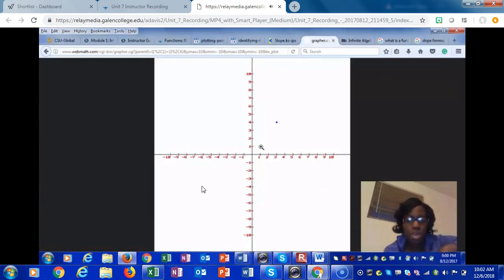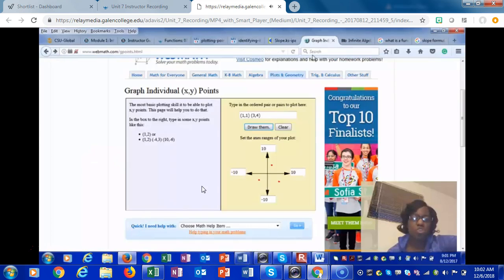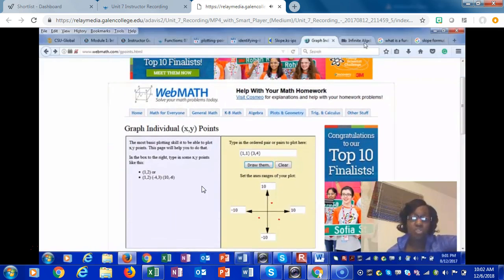When you click Draw Them, it plots 1, 1 and it plots 3, 4, so you can see exactly where each is located. I just wanted to show you that tool because we may not always be sure how to graph, and I think it's better to try it on your own first and then use this graphing element to see if you did it correctly. That's another way to look at mathematics problems in a digital format.